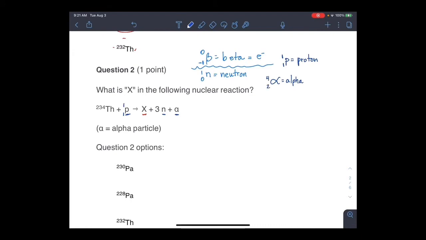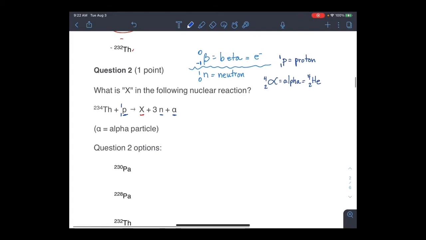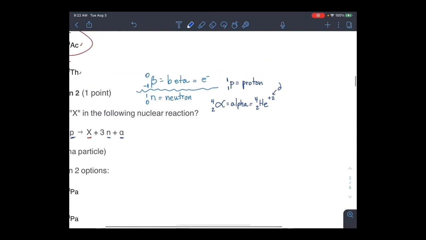As they studied it further, they discovered that it was simply a helium nucleus, no electrons, with the 4 and 2. If you go up, helium's atomic number is 2. The most common isotope is 4. It is simply a helium nucleus without its electrons. It does have a +2 charge, but this doesn't matter.